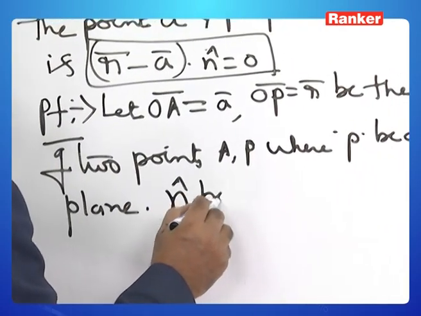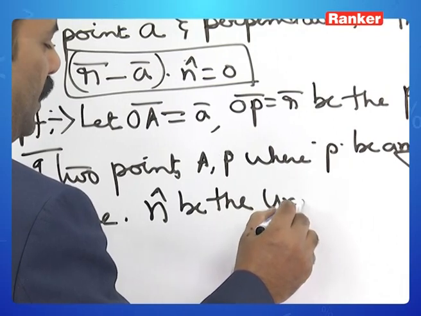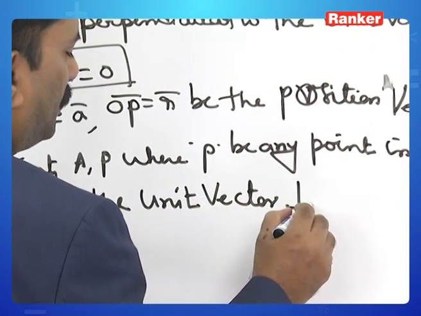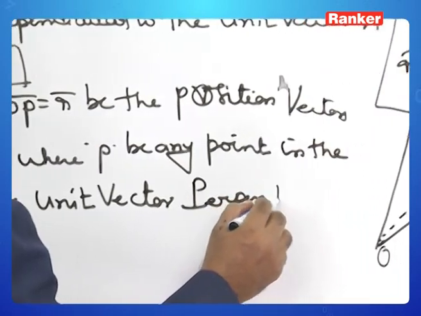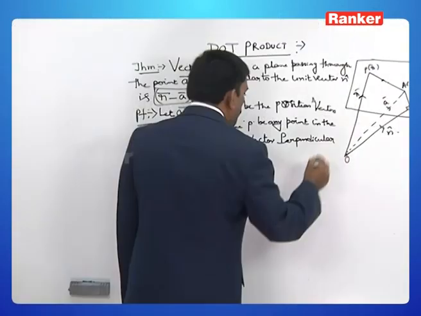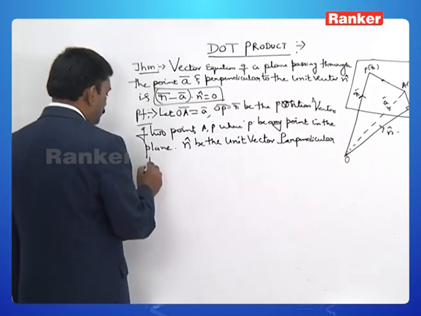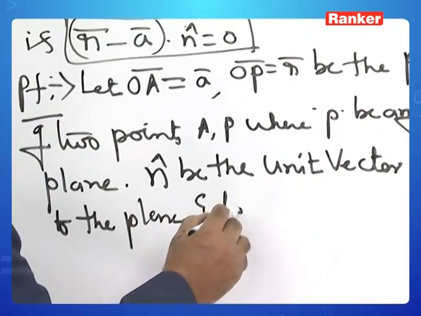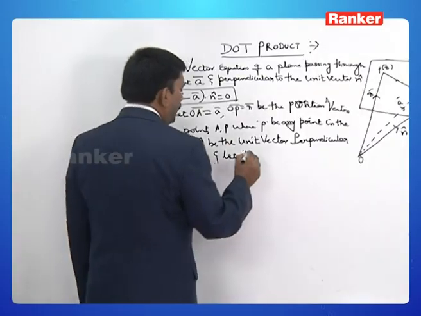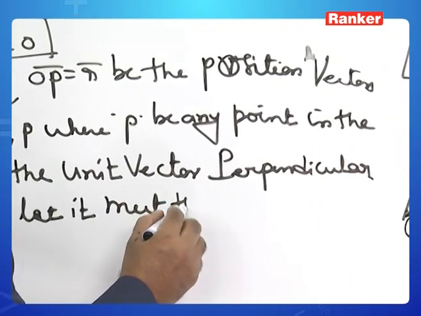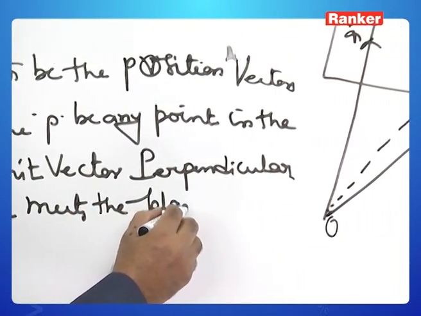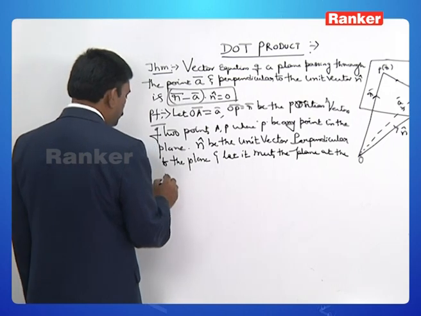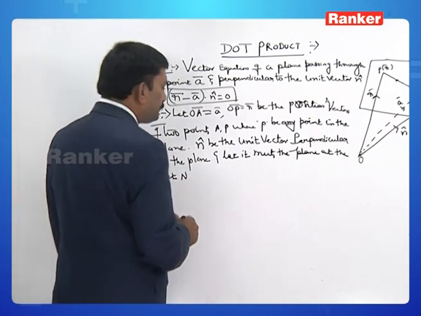N cap is the unit vector perpendicular to the plane, and let it meet the plane at the point N.